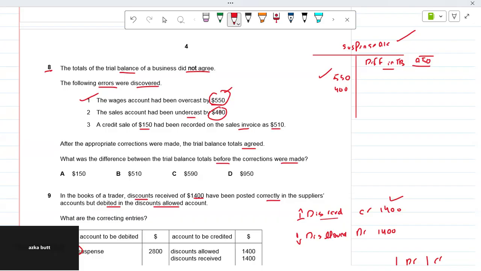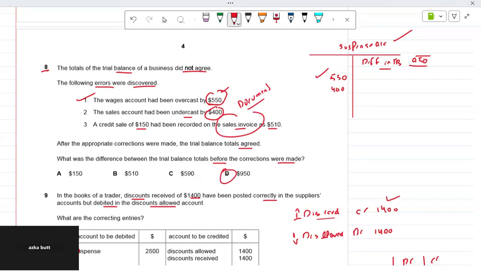So it means that we will be increasing it. So your sales account will be credited and the suspense account will be debited. Okay, and the credit sale of 150 had been recorded on the sales invoice as 510. So a sales invoice is basically a business document, and there is no need to record it in the suspense account and trial balance. So if we total the 550 and 400, there is a difference in trial balance which is 950 before the correction. So D option is the right option.